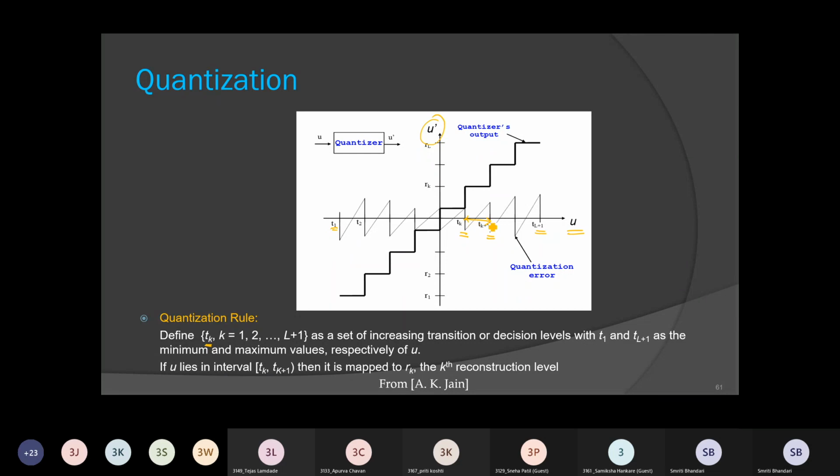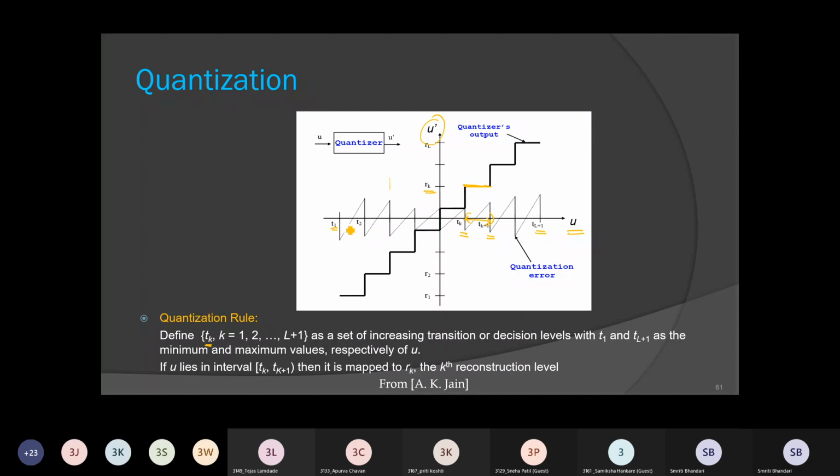So how I'm going to quantize? If the value lies between tk and tk plus 1, excluding tk plus 1, then I'll define that output value as Rk. See here, this is my Rk. So if the value lies between this interval, I'm not considering individual values between that interval, but for this entire set of values, I'll be defining only one value, and that is Rk.